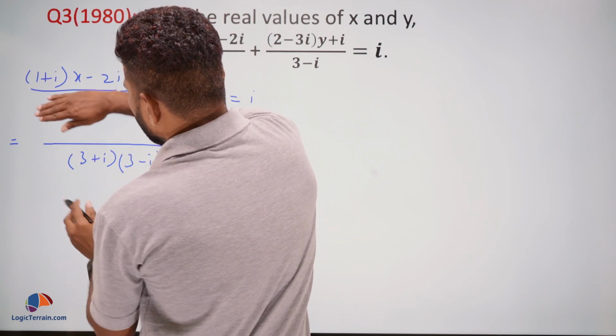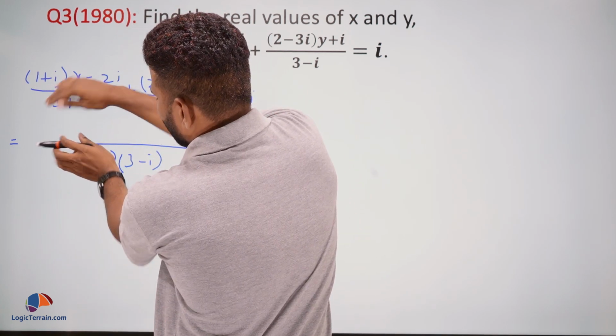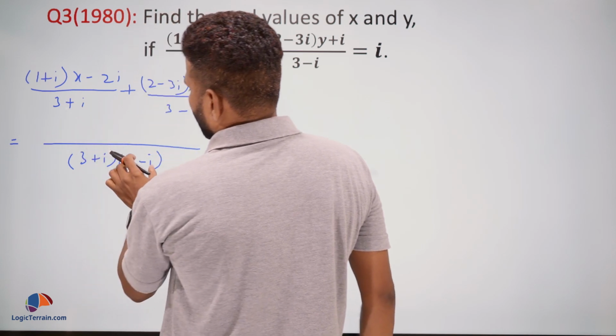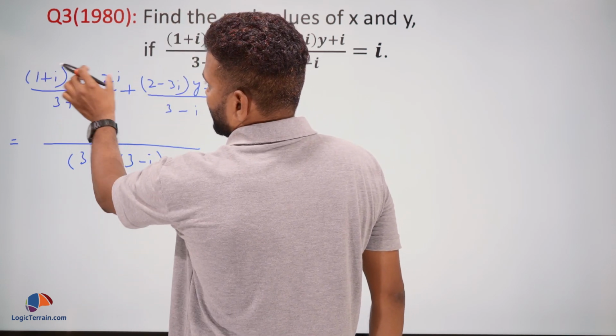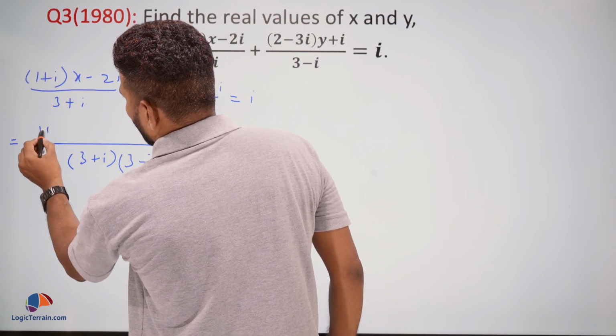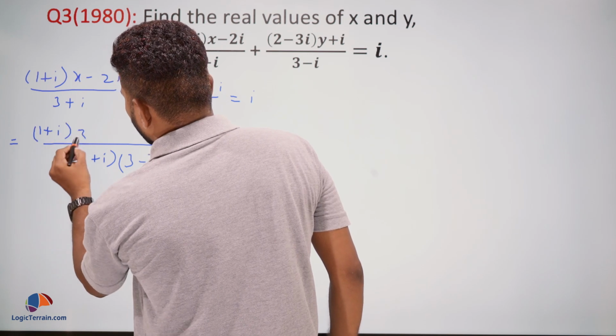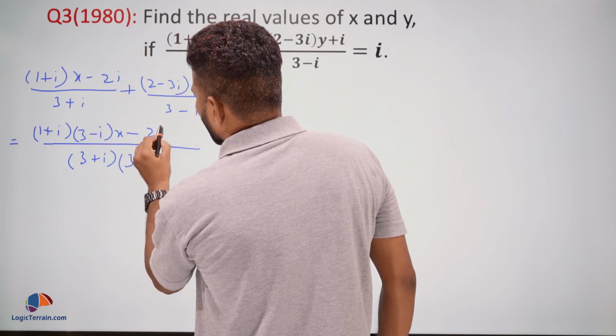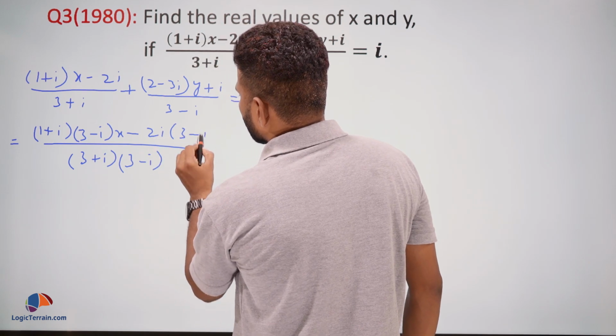So 3 + i gets cancelled, 3 − i times of the numerator, and this is multiplied by both the numerators, that is (1 + i)(3 − i)(x − 2i)(3 − i).